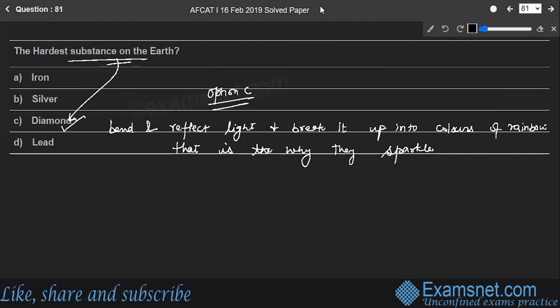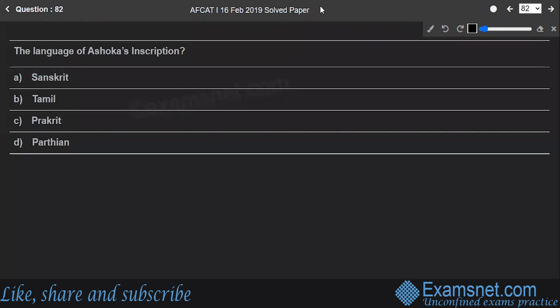Next is question number 82. It says the language of Ashoka's inscription is Sanskrit, Tamil, Prakrit, or Parthian.